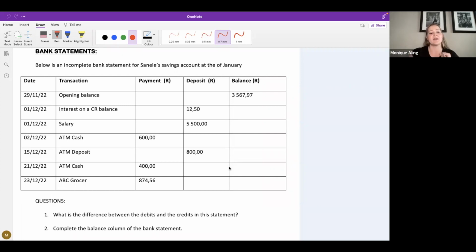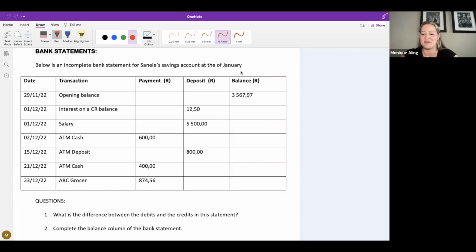Okay, so if we look at this first bank statement, it says below is an incomplete bank statement for Zanele's savings account at the end of January. Okay, we have a dates column, transaction column, payment, deposit, and balance. Okay, now who remembers what I said about bank statements and transactions in the beginning of the lesson?